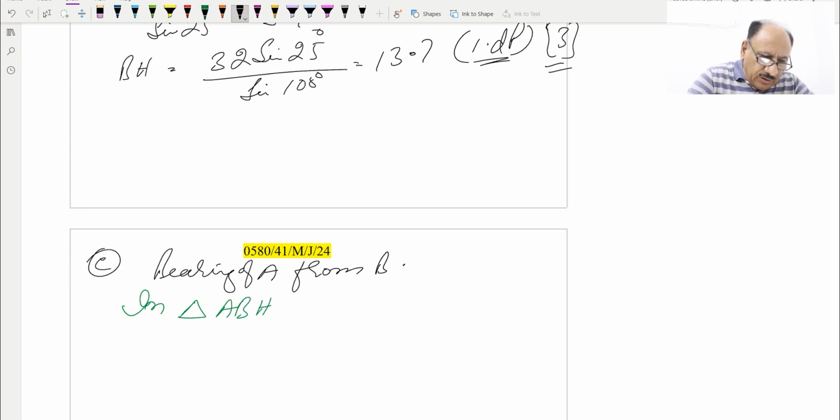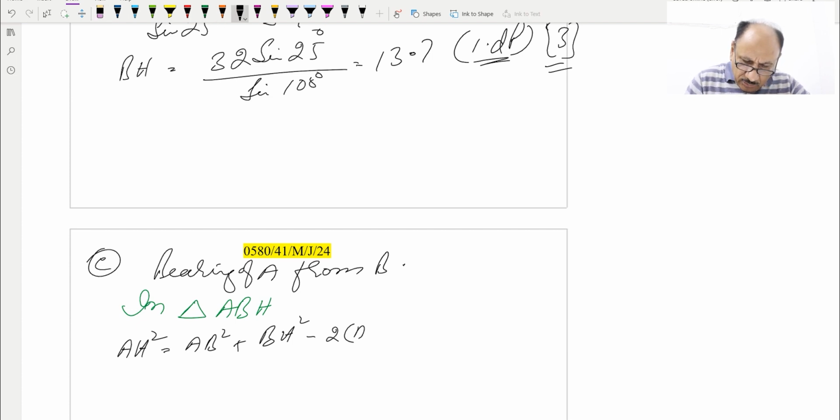In triangle ABH, the cosine rule we will be writing: AH square, one side square, is equal to the two other sides square, which is AB square plus BH square, minus 2 into AB into BH into cos of ABH.